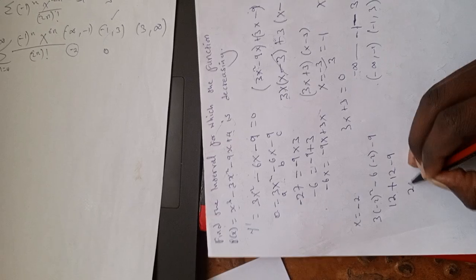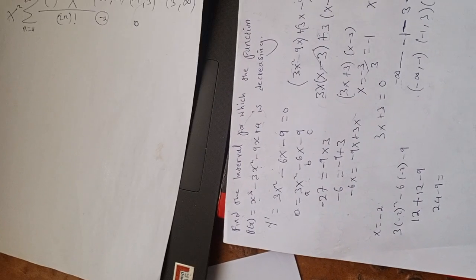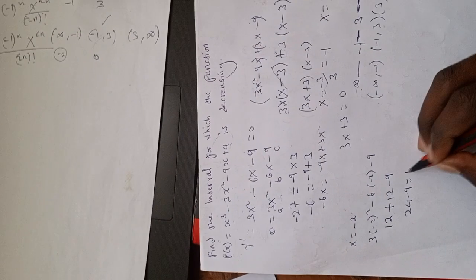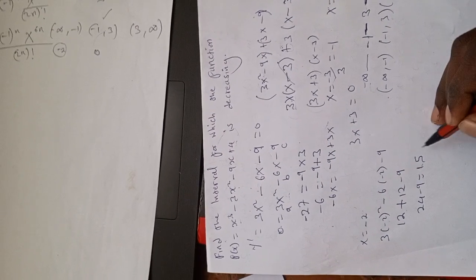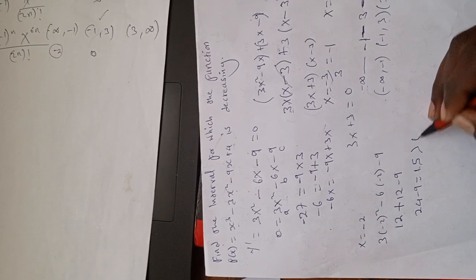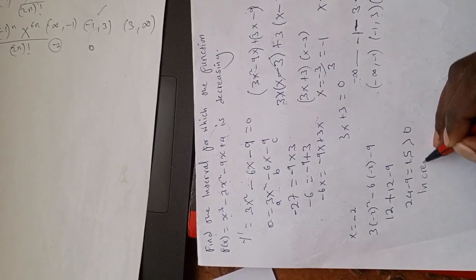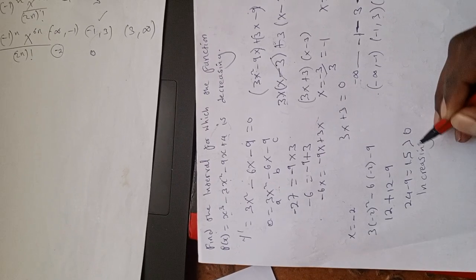This is 24 minus 9, which is 15. Now 15 is greater than 0, so the function is increasing in this range, since 15 is a positive number.